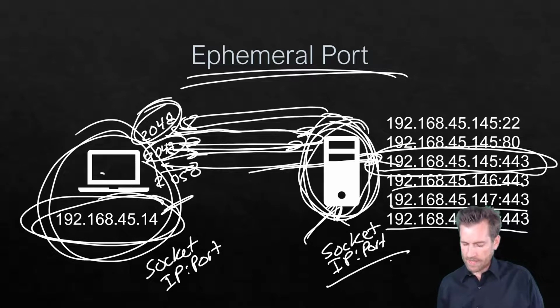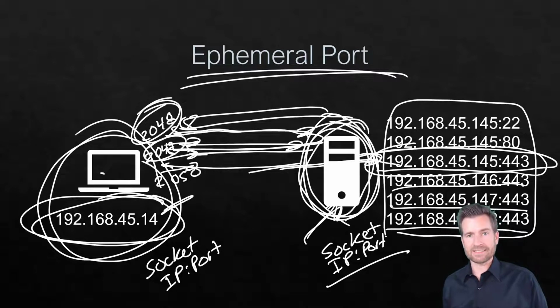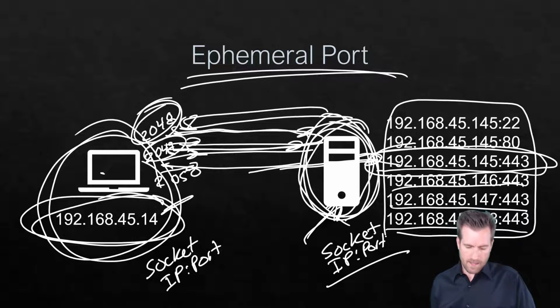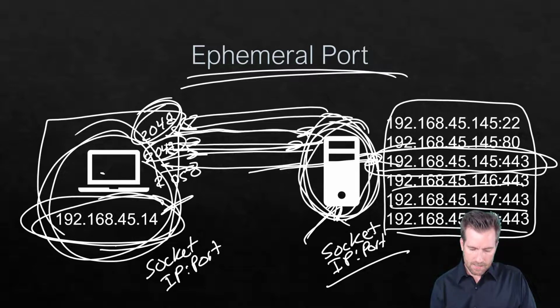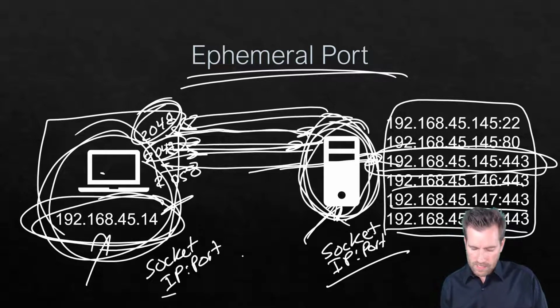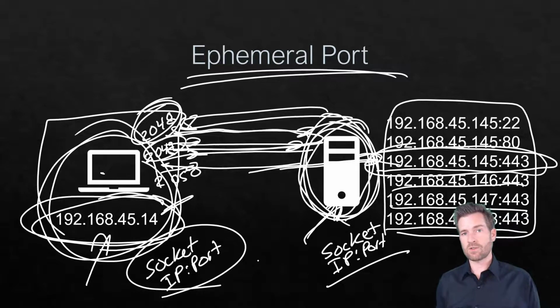The IP and port combination on the server side says what service it's going to access, but the IP and port combination on the client side is to keep track of the conversation, to make sure that this server can actually fulfill multiple requests from the same client. So those are ephemeral ports.